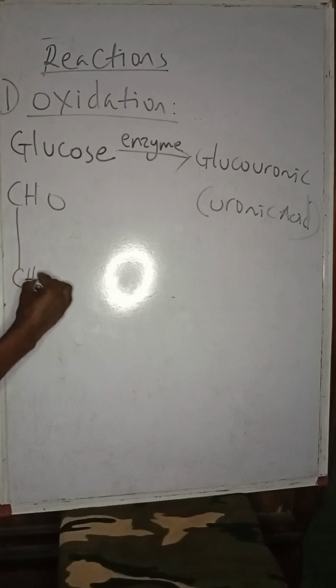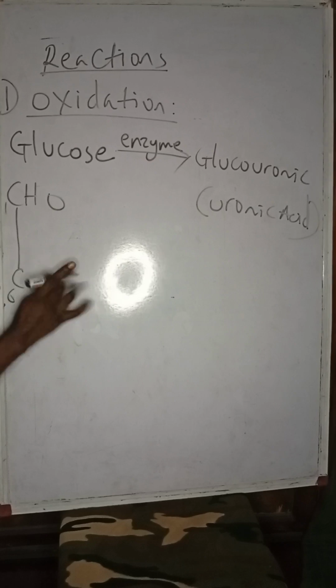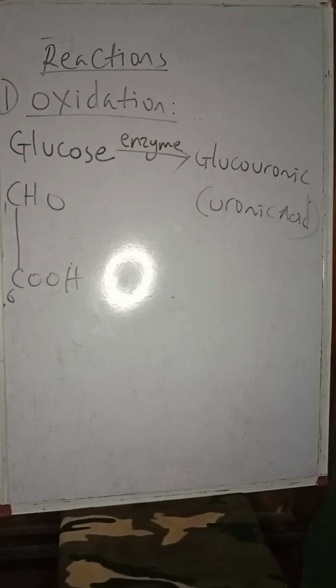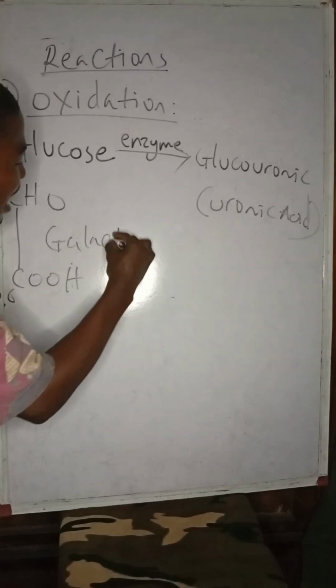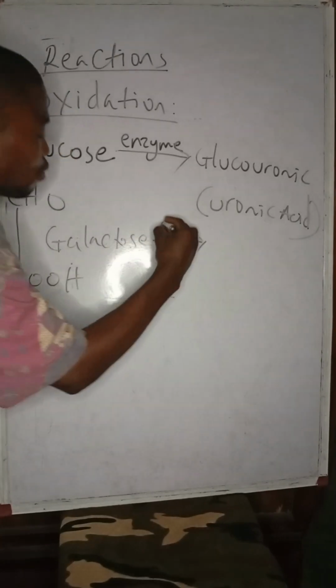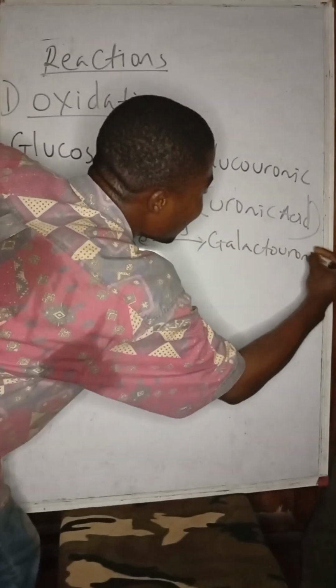Let's say this is glucose, this is carbon 1, and this CH2OH is position 6. So uronic acid formation involves position 6 being oxidized to an acid group. When only position 6 is oxidized in an aldose sugar, such an acid is known as a uronic acid. If it was galactose, we form galacturonic acid. So when galactose is oxidized at position 6 only, you form galacturonic acid.